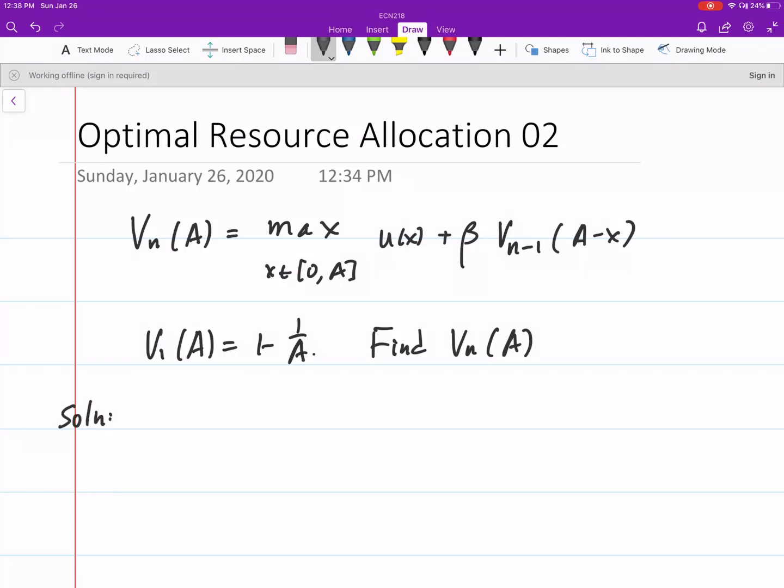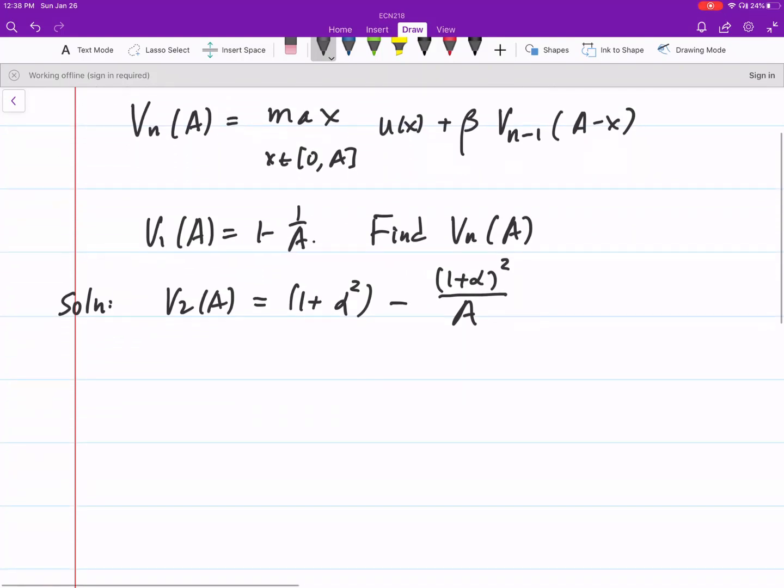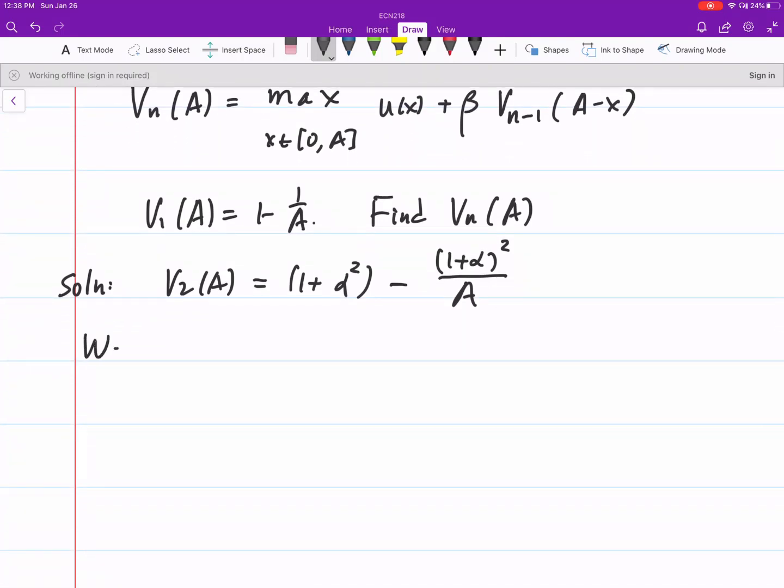In part 1, we found V2 of A is equal to 1 plus alpha squared minus 1 plus alpha squared over A. From the forms of V1 and V2, we guess that Vn of A has the same pattern.